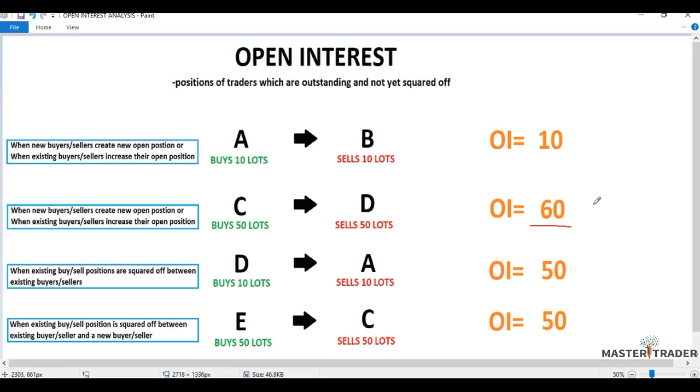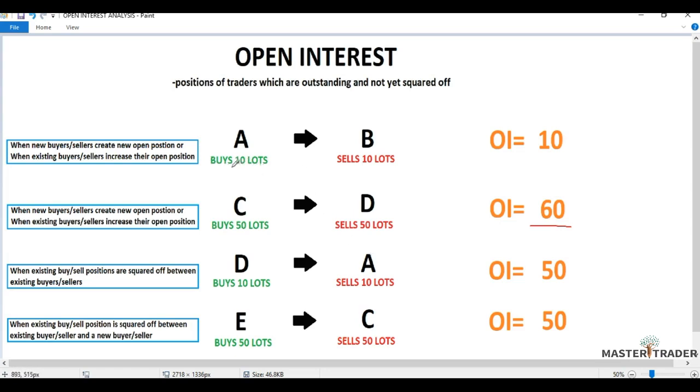Let's look at the third example. When we have an existing buyer or seller, and that position is squared off between an existing buyer and seller. Earlier we had D who sold 50 lots. Now D buys 10 of those lots back, and D is buying it from A who earlier bought 10 lots. So A is simply squaring off his or her position.